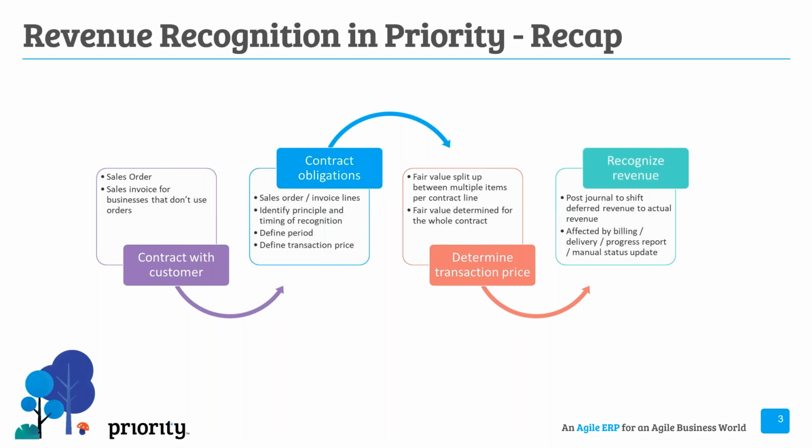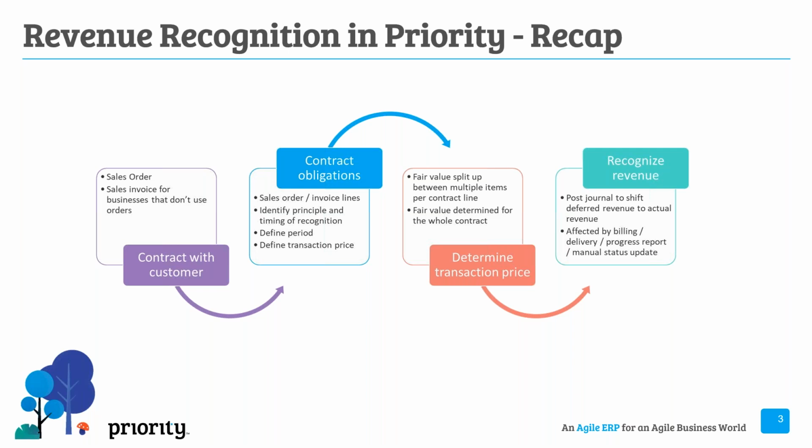As you can see on the slide, on the first block, the fundamentals of this in Priority are the document representing the contract obligations with the customer. For that purpose, we use sales orders or sales invoices. Either one can represent the contract obligations.